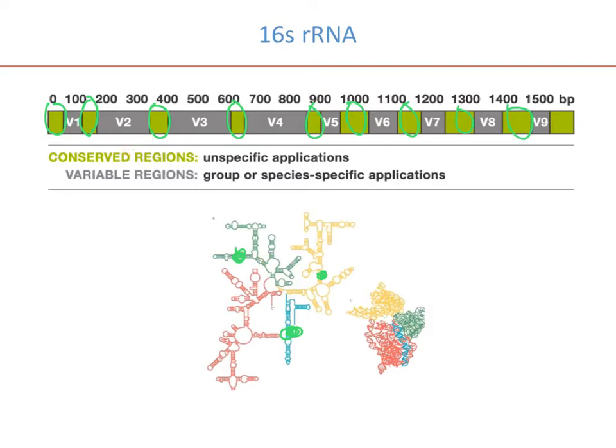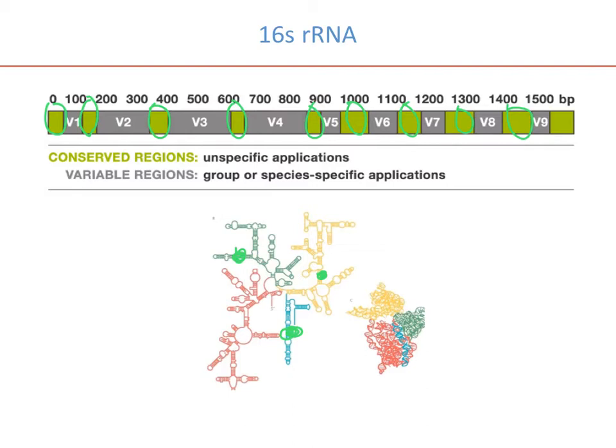Of course, anytime you have a gene, it's a linear piece of DNA, and the transcription machinery goes along and makes mRNA. And the mRNA is spread out like this. You have conserved, variable, conserved, variable, conserved, variable.